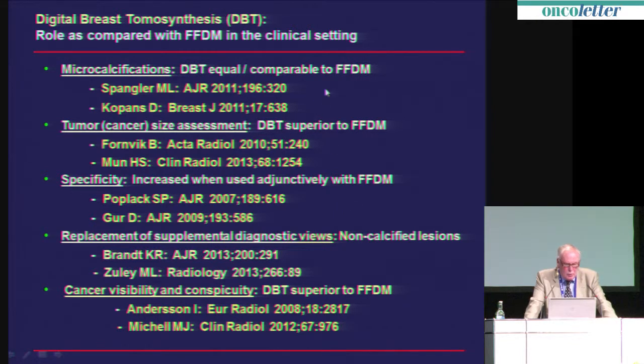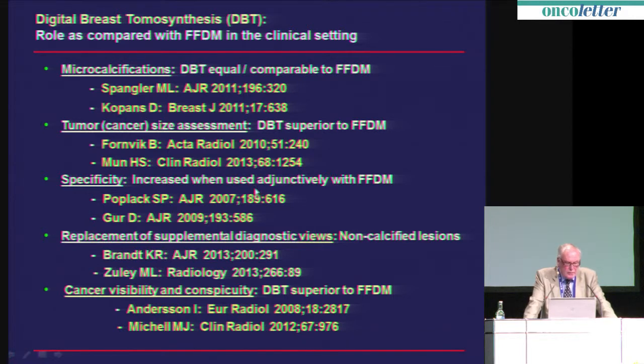If we should draw a conclusion regarding microcalcification so far, we can say that tomo is at least equal or comparable to conventional full-field digital mammography. Tomosynthesis is superior to digital mammography regarding cancer size assessment and the question of multifocality in the breasts.